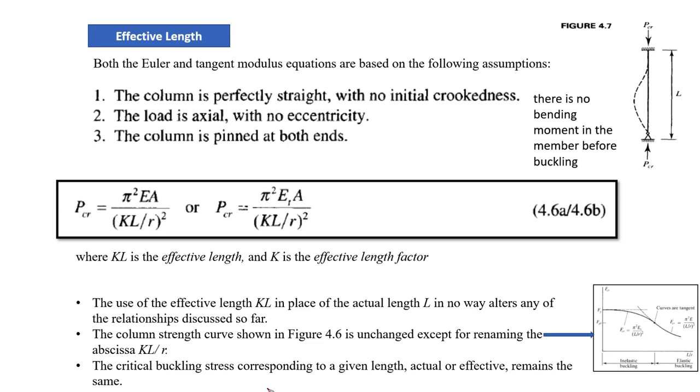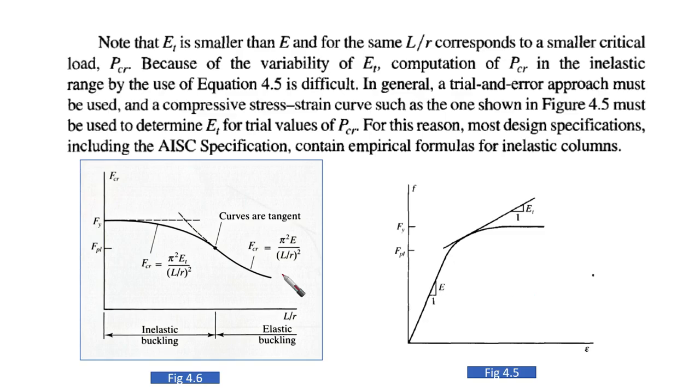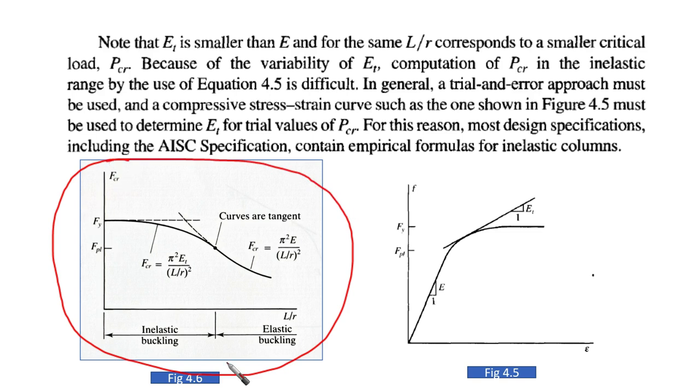And the critical buckling stress corresponding to a given length, actual or effective, remains the same. So no problem at all. If we change L over r to be KL over r, the corresponding critical buckling strength will not change. Whatever is being said here, what we want to end up with is that this graph is going to be the same if we put k here. This is what we want to say at the end. So nothing is going to be changed if we put k here.